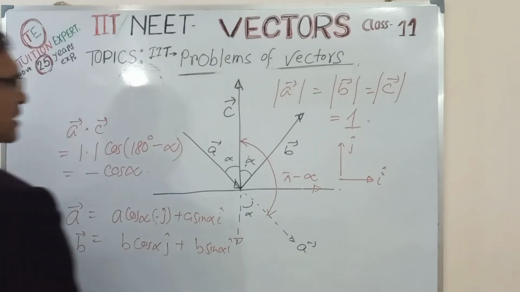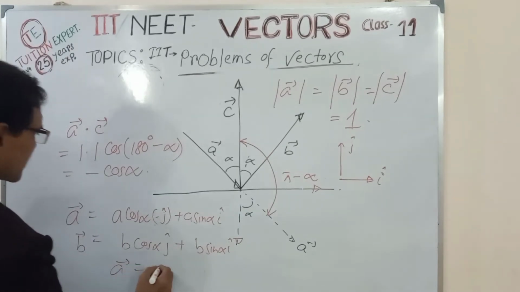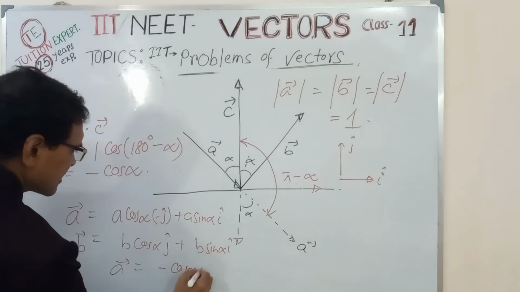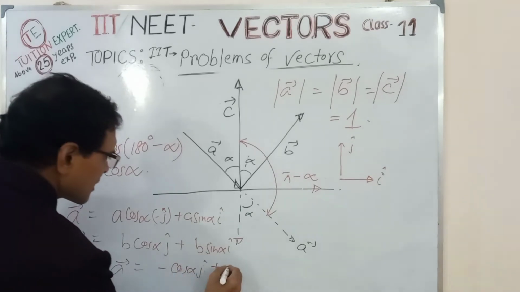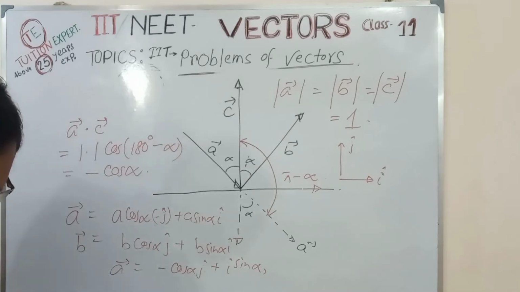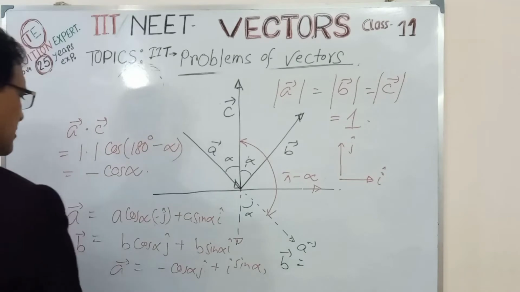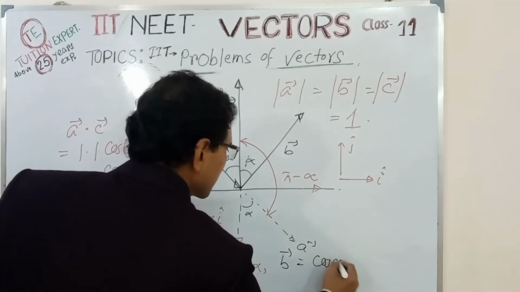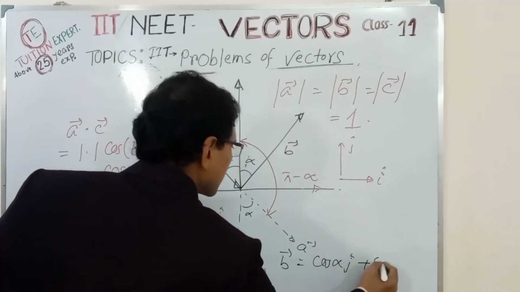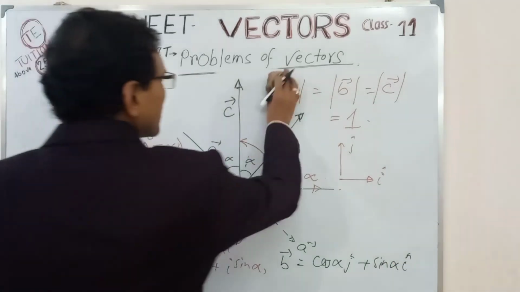Now the magnitudes of A and B are unity, so A becomes minus cos alpha J plus sin alpha I, and B becomes cos alpha J plus sin alpha I. If we subtract A from B, what comes?